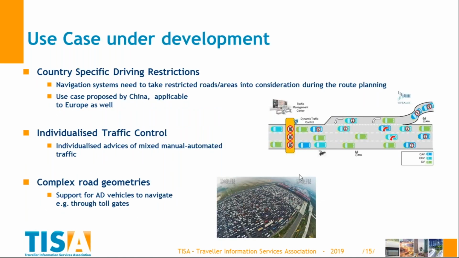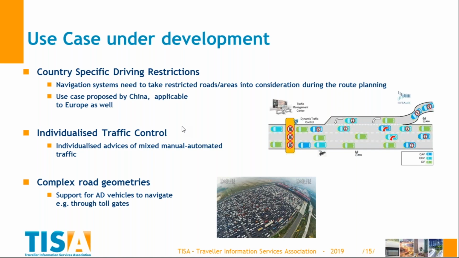I would also like to share with you use cases that have been under development. First, country-specific driving restrictions. This is an idea coming from one of our members based in China, who provided a use case with Beijing, where cars with a certain license plate number cannot access the city on certain days.